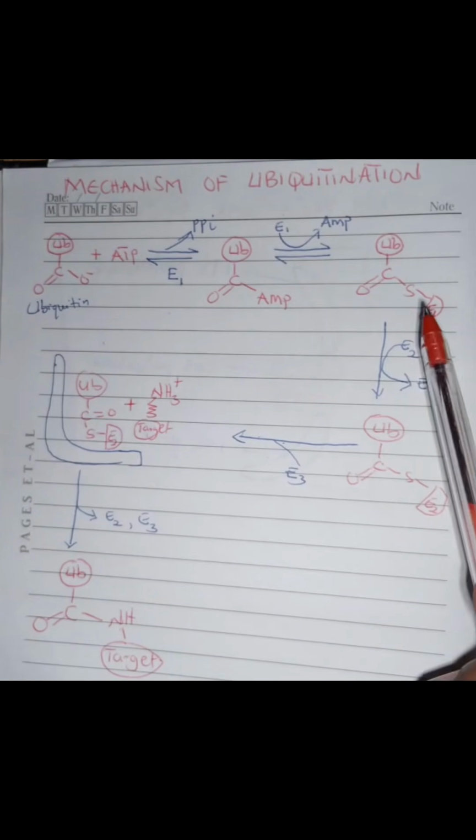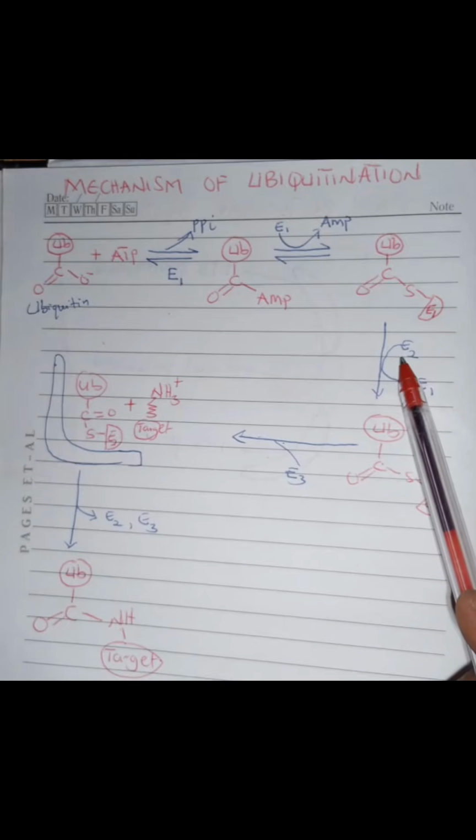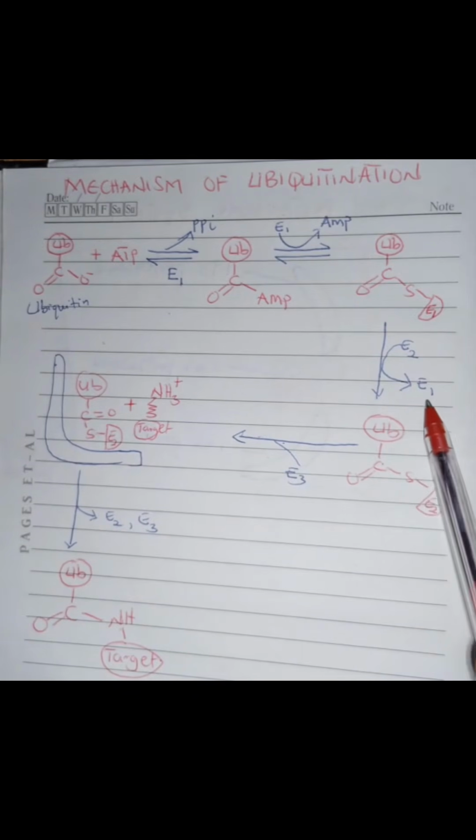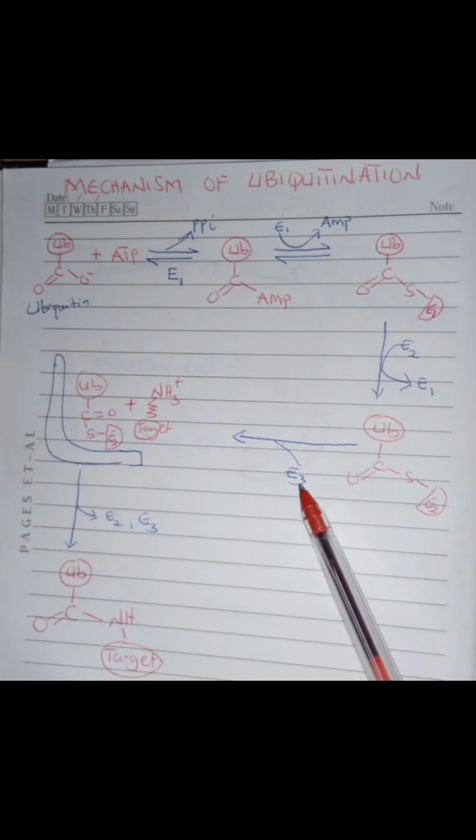Now that is the work of E1, but E1 is still here. The next thing is E2 comes in and removes E1. E2 is the ubiquitin conjugating enzyme, right? It comes in and removes E1, so E2 is attached in place of E1. The next thing is E3 comes in.